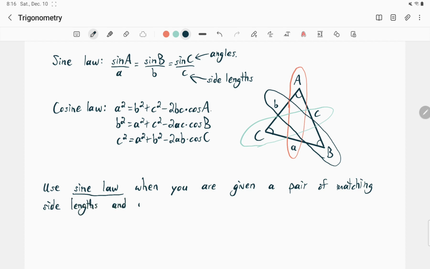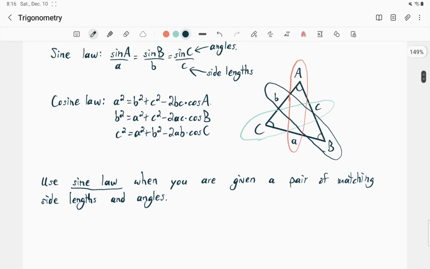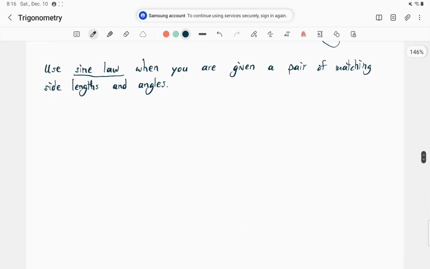There definitely is a better way to say this mathematically, but I like to think of it intuitively. I find that helps more people more often, at least to begin with. So if you're given little a and big A, you're going to use sine law. Let's do an example. I'll show you what I mean.